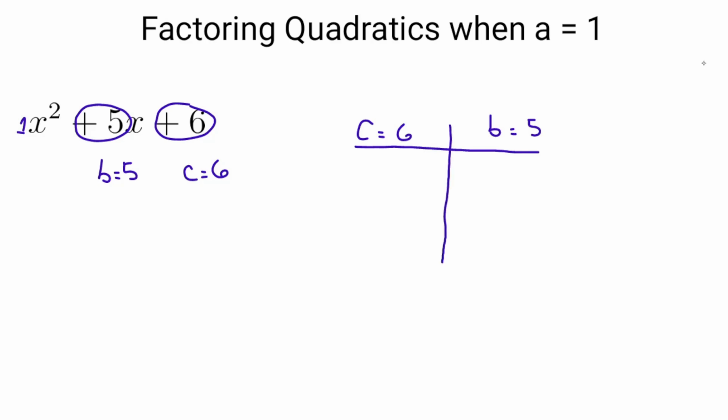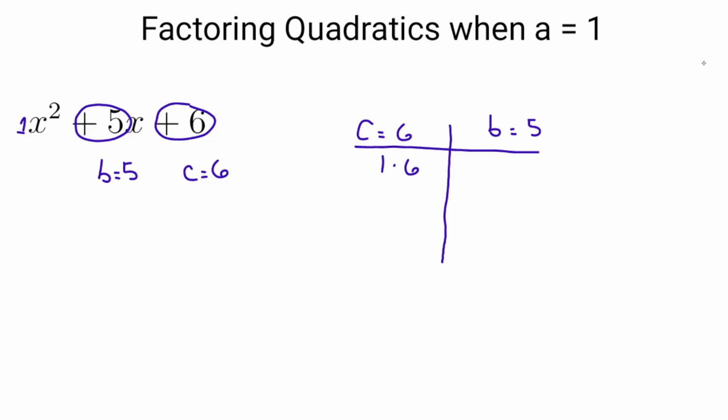And now what we can do is start by thinking of numbers that will multiply to give us positive 6. So the first two numbers that pop into my brain that will multiply to give us 6 are 1 times 6. So 1 times 6 will give us 6.